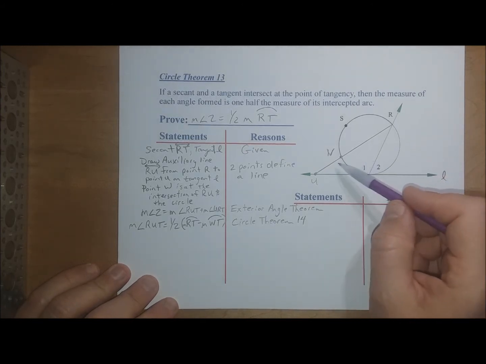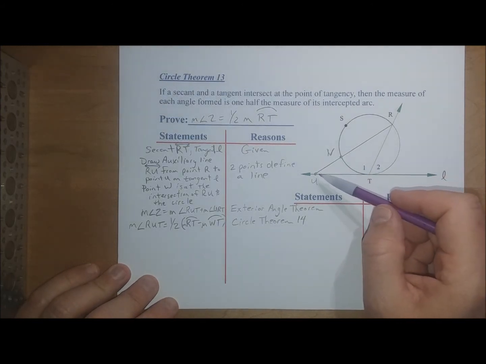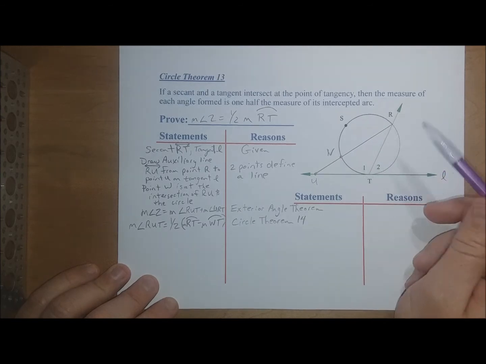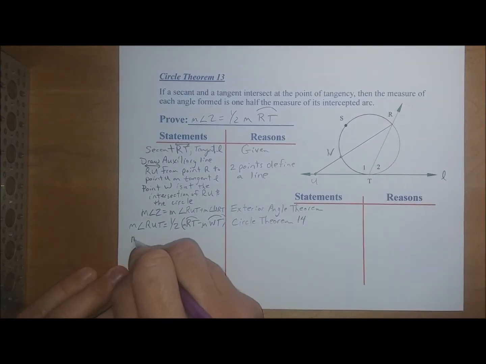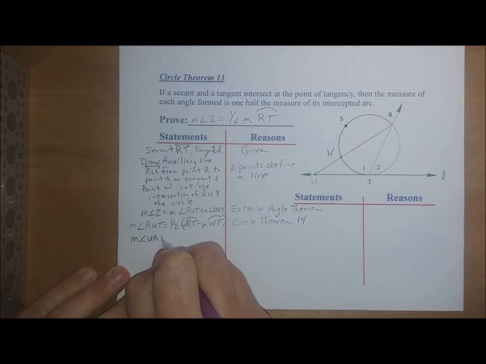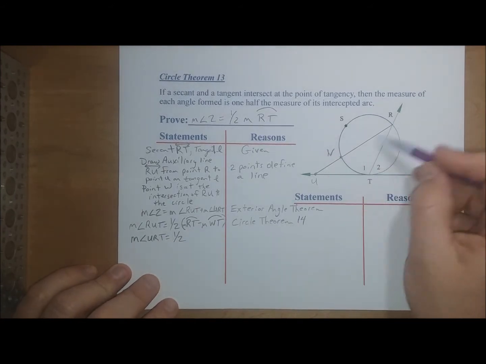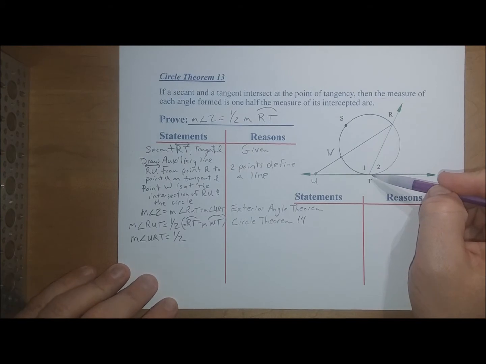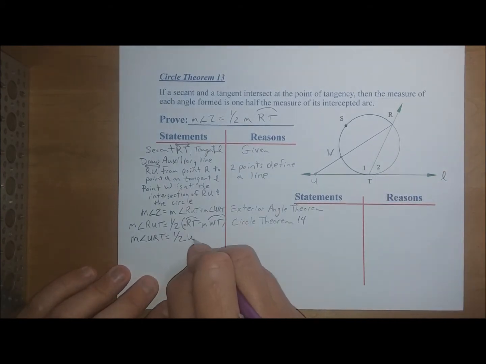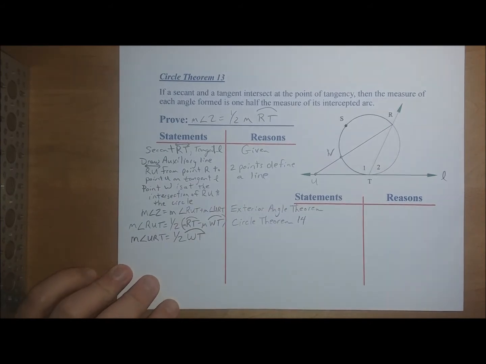I'm looking at this angle URT, and I'd like to say that the measure of angle URT equals 1/2 of what? URT is an inscribed angle. Isn't it going to equal 1/2 the measure of its intercepted arc, WT?